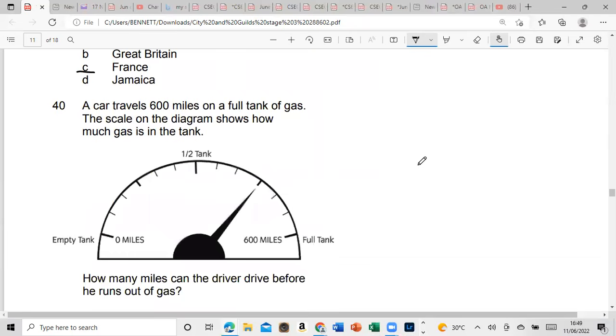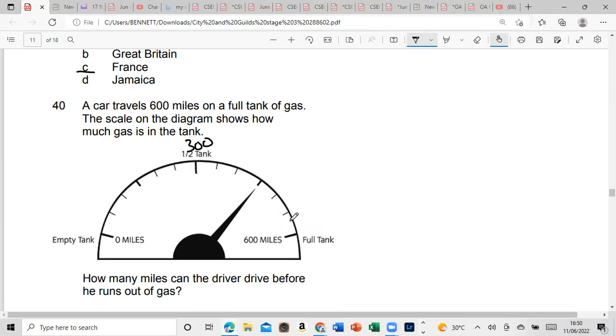A car travels 600 miles on a full tank of gas. The scale on the diagram shows how much gas is in the tank. How many miles can the driver travel? Alright, so this is a half tank. That means it's at 300 miles, right?